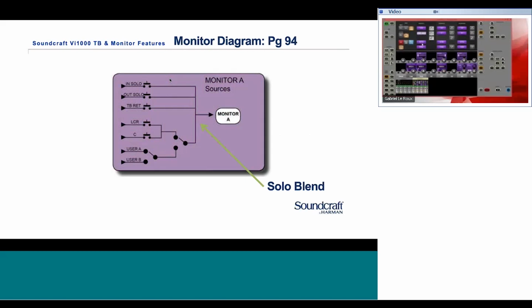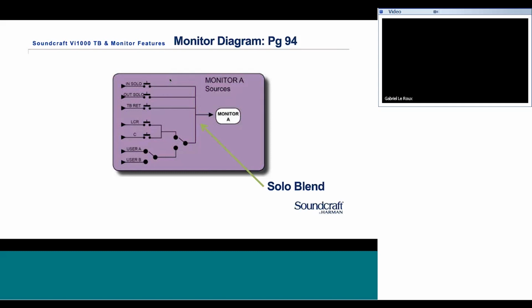So the next thing we want to look at is a feature called Solo Blend. I've put a slide in there, just a close-up of how the monitor signal flow has been put together. I've put an arrow there because this is something that's not been indicated. There's a button called Solo Blend, and it's right at the top here.